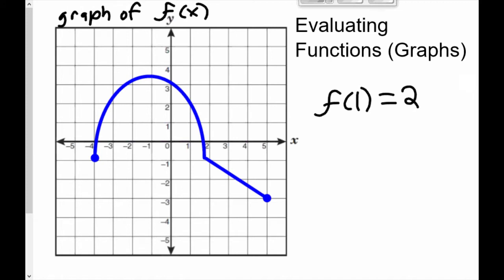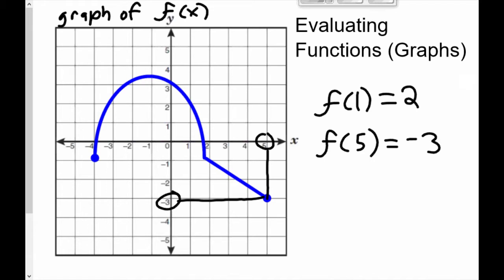Let's try another value. Let's say we find f of 5. So we'll find 5 on the x-axis, find the graph, touch the graph, the corresponding y value is our answer. So f of 5 is -3. We'll look at one more.